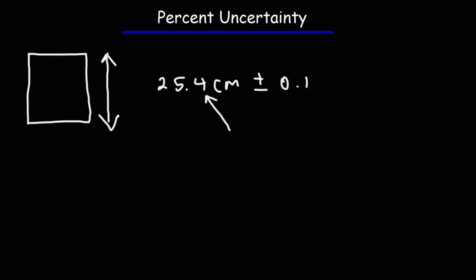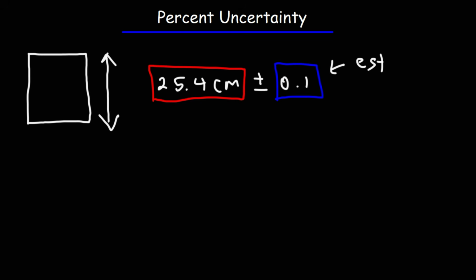So in this case, 0.1. So this value here represents the measurement, or the measured value, and this value here is known as the estimated uncertainty. It's also called the absolute uncertainty.